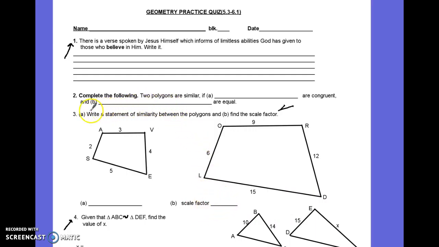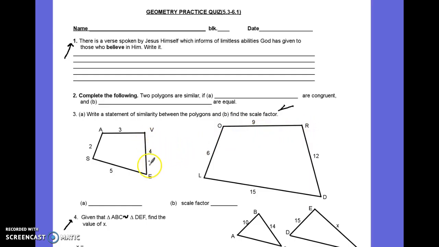Maybe I can just come back to this one and show you how to find the scale factor. The scale factor is a ratio of two known matching lengths. So if I were to find the scale factor here as is required, it would be this length, AB, over DE.